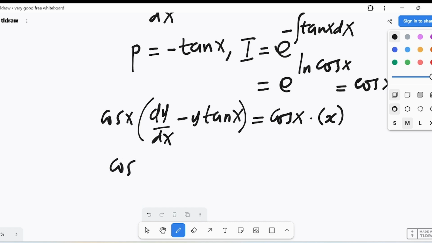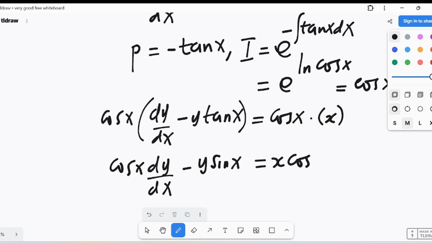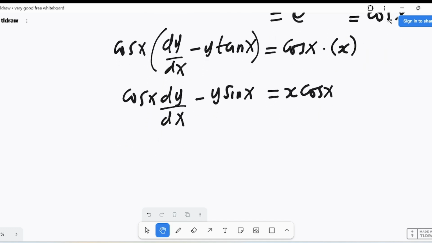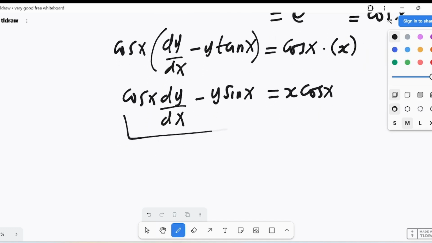cos of x dy by dx minus y sin of x, because cos times tan we get sin x, is equal to x cos x. So this one we said it becomes exact.